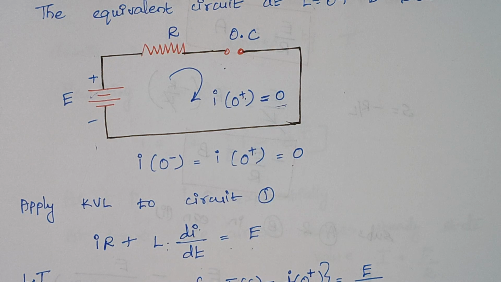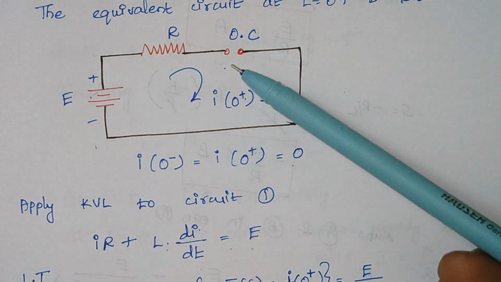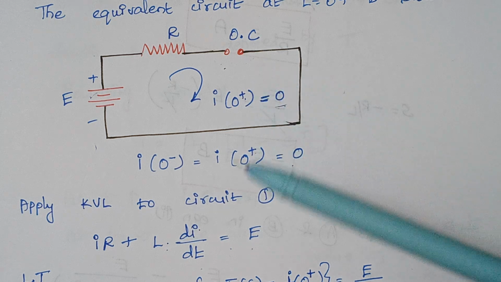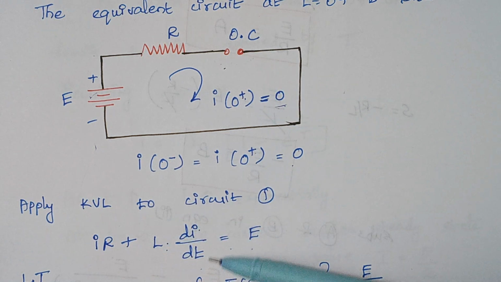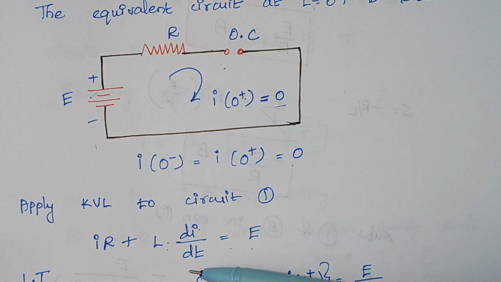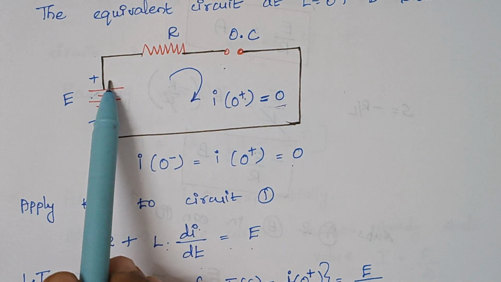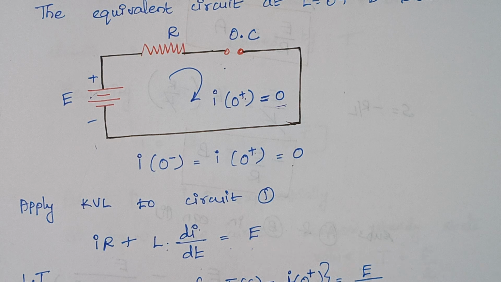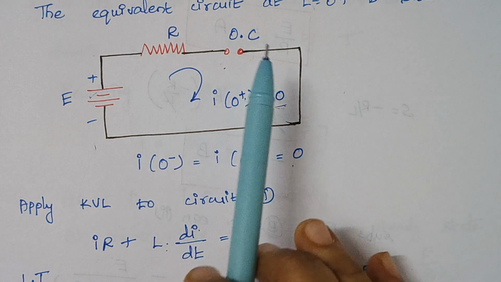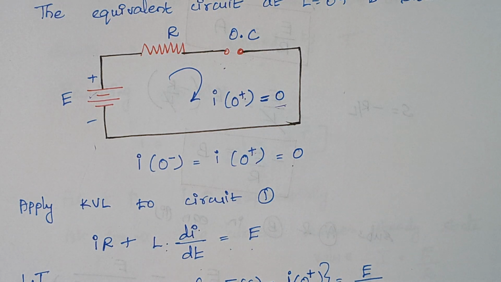Here you may have a question. I said the inductor acts as an open circuit, but while writing the expression I considered the voltage drop across the inductor. Be careful. At the instant when you close the switch, a sudden change in current is not allowed. But once the current reaches its steady state value, the inductor acts as a short circuit.